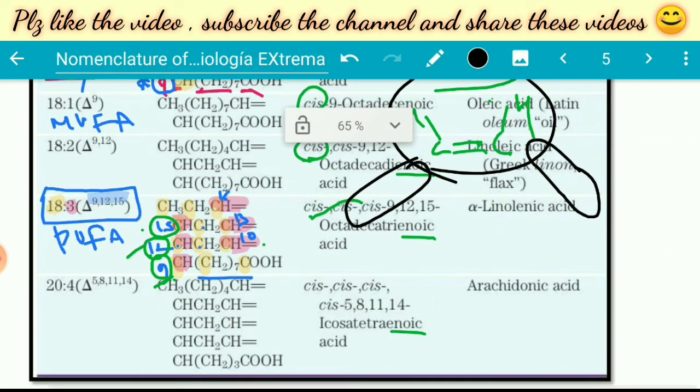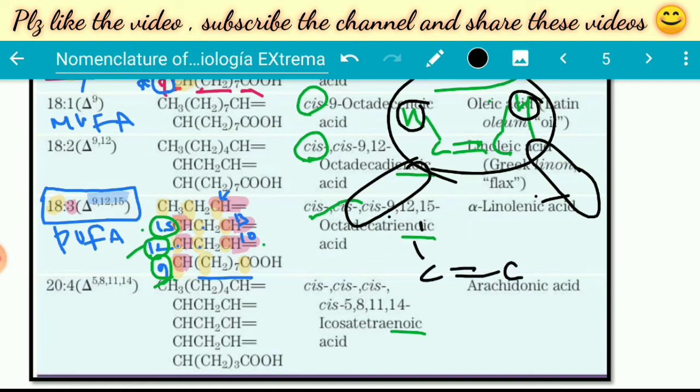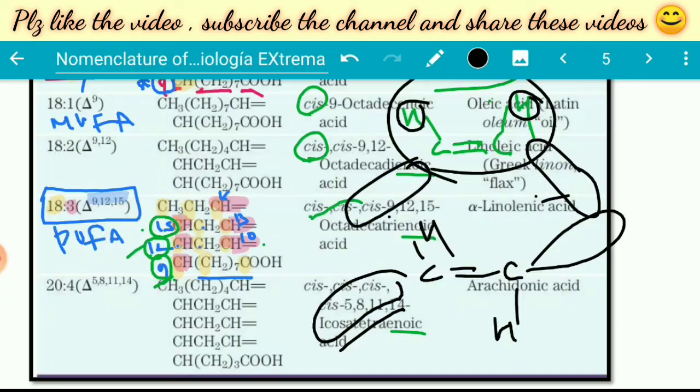The double bond can be between any numbers. The main thing is that we have similar groups on the same side, which means this is cis. And if we have a situation like this, with the hydrocarbon chain continuing, here we have similar groups on opposite sides, so this is trans.